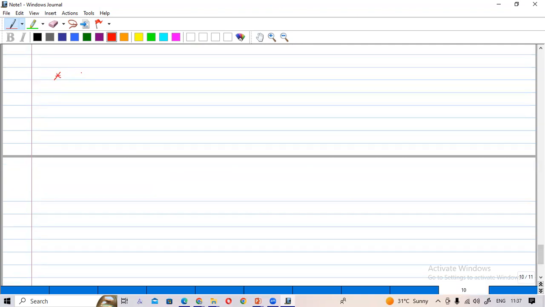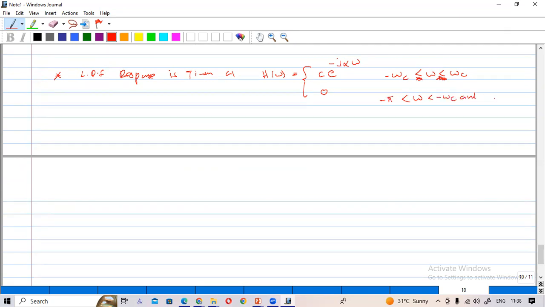So let's say that the low pass filter response is given as, maybe you can remember, H(ω) is equal to C e^(-jαω) for ω between -ω_c and +ω_c, and 0 if ω is between -π and -ω_c, and between ω_c and +π.